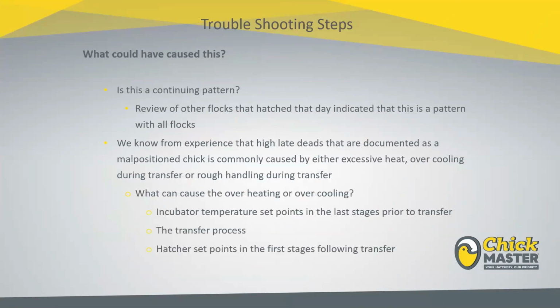So what can cause that overheating or overcooling? Obviously, incubator temperature set points in the last stages prior to transfer, the transfer process itself, and hatcher set points in the first stages following transfer. The last thing we want to do is heat our hatcher up above what the last stage in an incubator was.